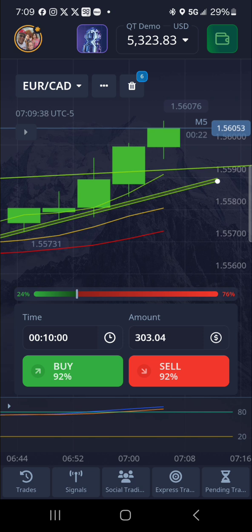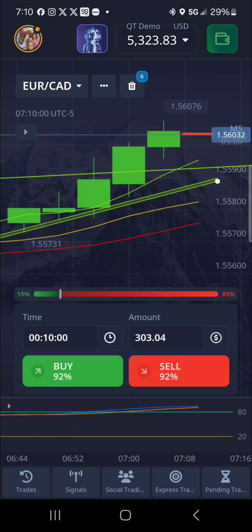But it depends on what this candle does. There are 20 seconds left in it, and it looks like it's not very decisive on what it's doing. So I'm not going to play the next one because it's not very decisive.